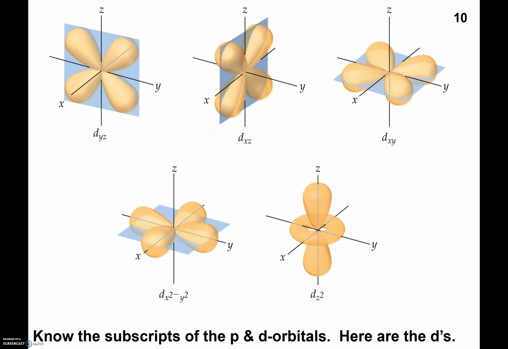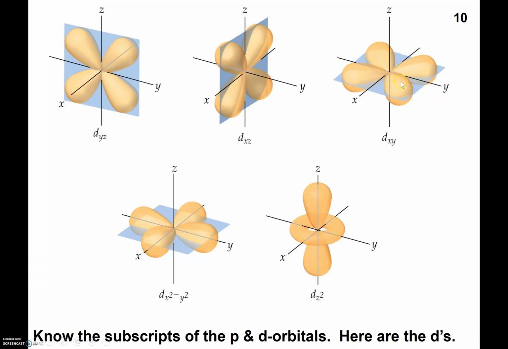It's important to know the px, py, and pz, but you should also know the d orbitals. For dyz, you can see the lobes are actually in between the y and z. The dxz, the lobes are between the x and the z planes.